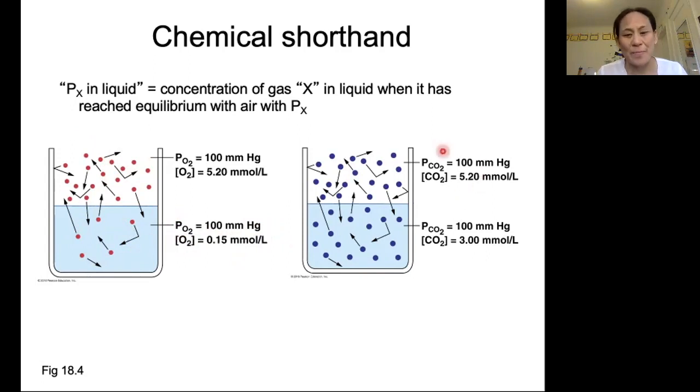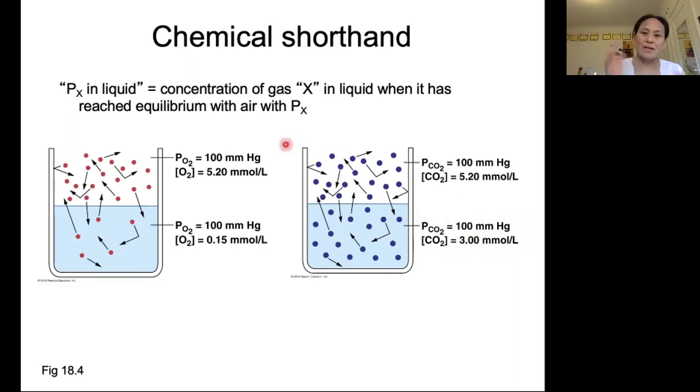Likewise, if we look at carbon dioxide, we have carbon dioxide at 100 millimeters of mercury in the air. It has reached equilibrium with the water. Therefore, when CO2 is at this concentration, 3 millimoles per liter, we say that the PCO2 in the water is 100 millimeters of mercury.